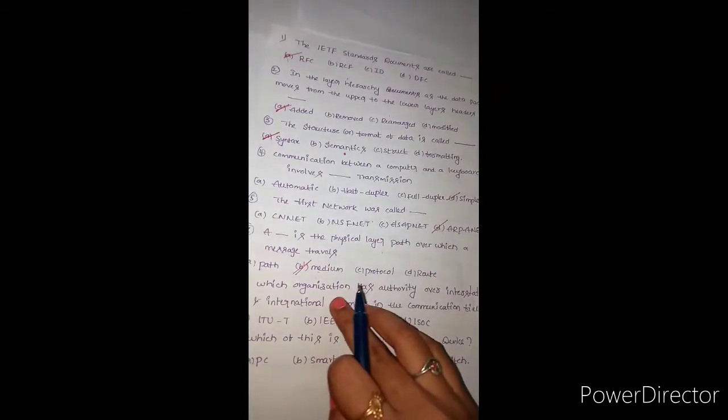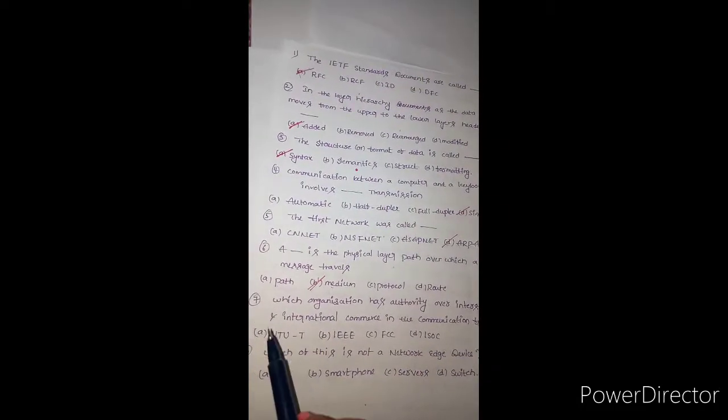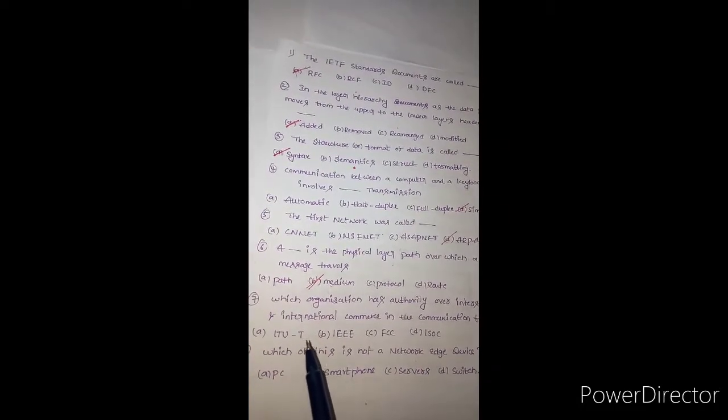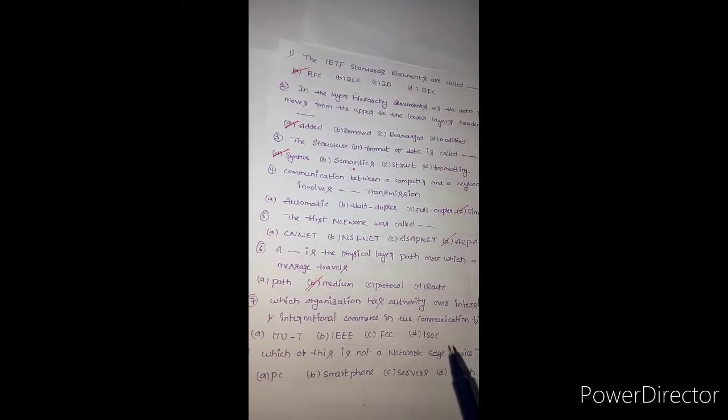And next one, which organization has authority over interstate and international communication in the communication field? Options: option A ITU-T, option B IEEE, option C FCC, option D ISOC.